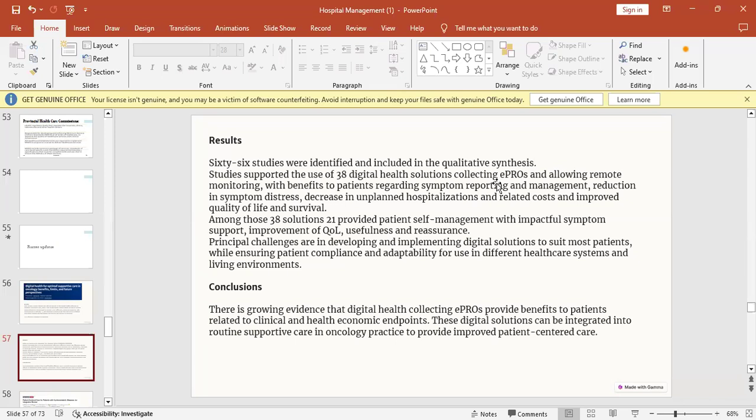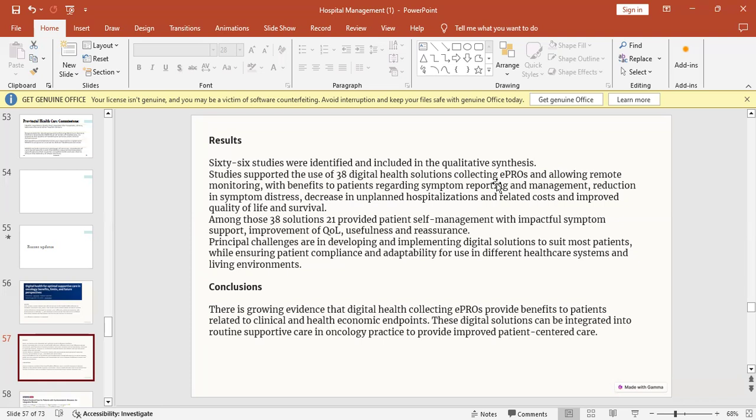Among those 38 solutions, 21 provided patient self-management with impactful symptom support, improvement of quality of life, usefulness, and reassurance. Principal challenges are in developing and implementing digital solutions to suit most patients, while ensuring patient compliance and adaptability for use in different healthcare systems and living environments.